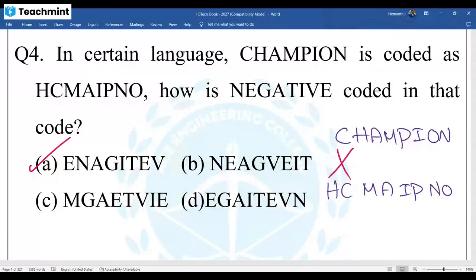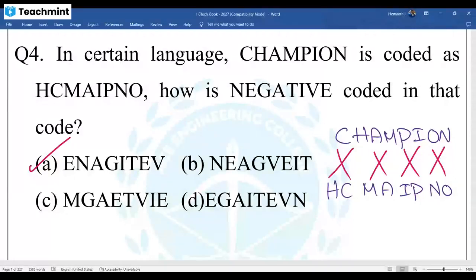CH as HC, AM as MA, IP as PI, ON as NO. The main purpose of all this is security. We have to send the data. Sir, at the receiver side, how do they know? At the receiver side, again they swap two letters. They get the original one. HC, again they swap, they get CH. So they get the original data again. This is for coding. At the receiver side, decoding.